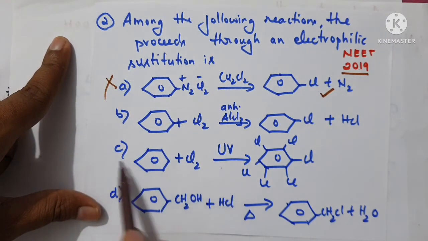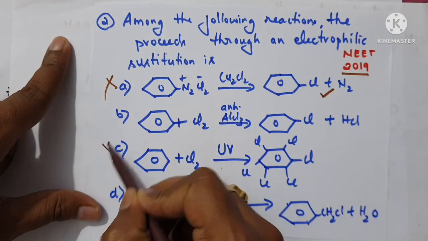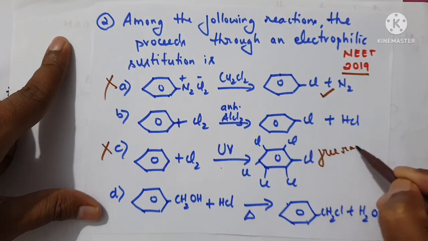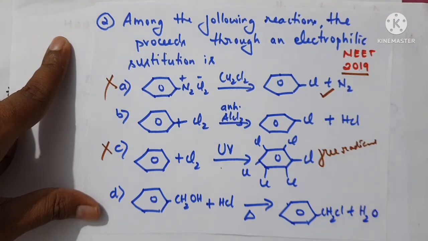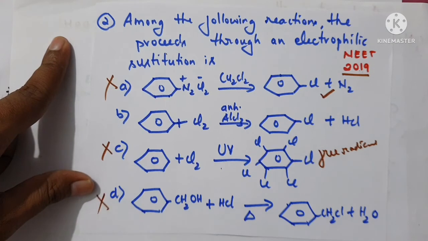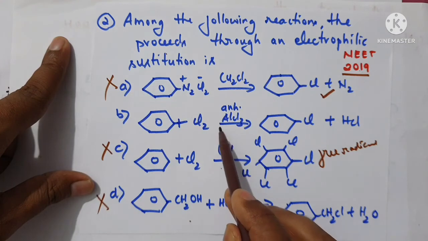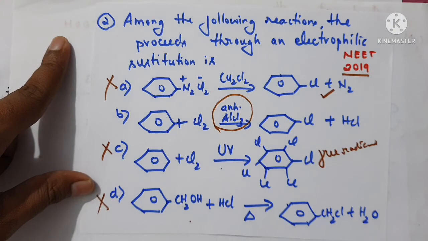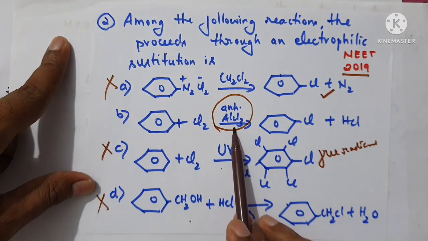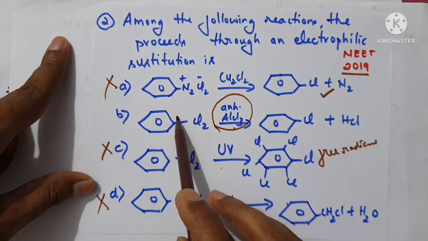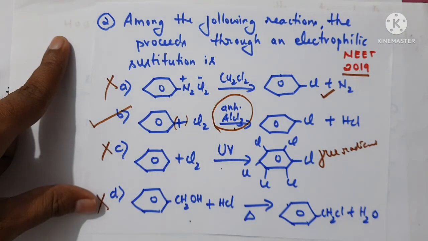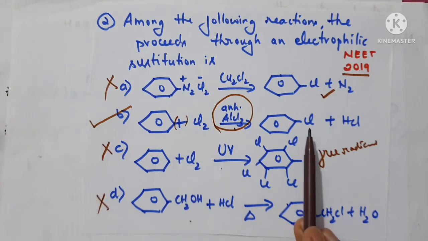This is the C. If you observe, this is also not an electrophilic substitution reaction because it is a free radical substitution reaction. And even this is also not an electrophilic substitution reaction. As I had told you, whenever you see anhydrous aluminum chloride present, definitely this is an electrophilic substitution reaction.